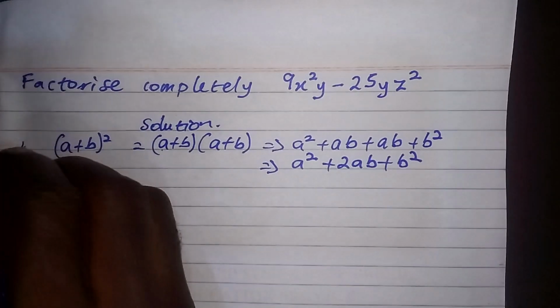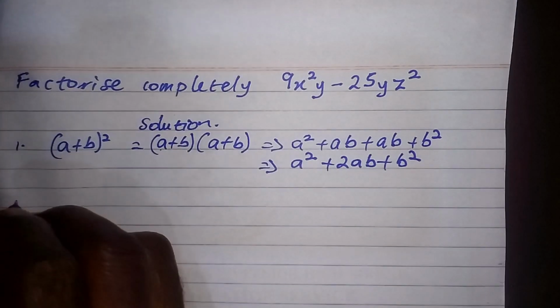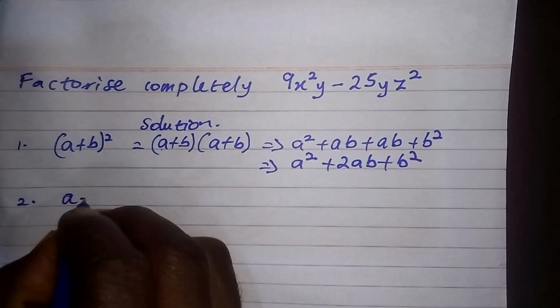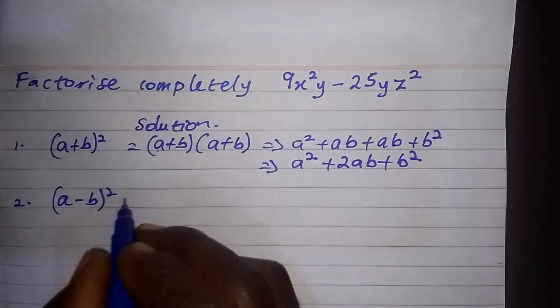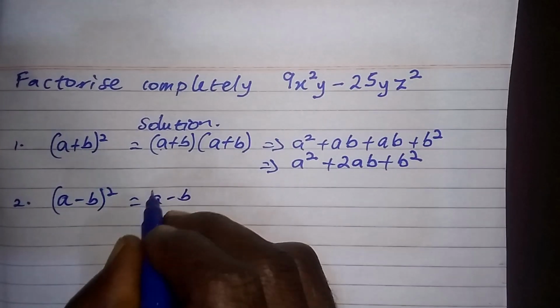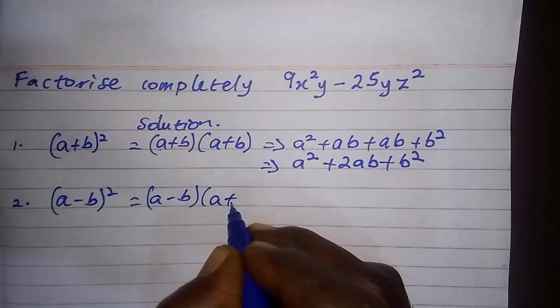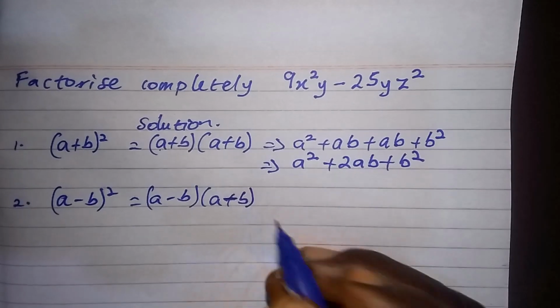This is one identity. The second identity is a minus b all squared, which is also a minus b multiplying itself twice. So here is minus.